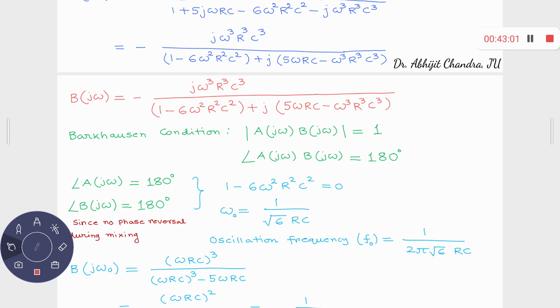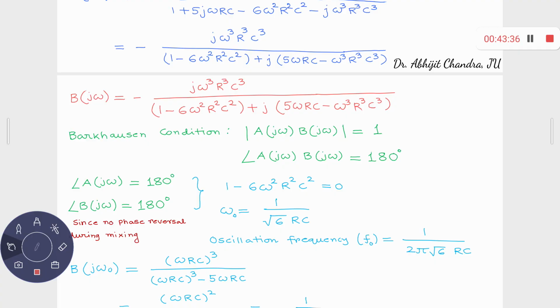So for a given R and given C, is this ω naught constant? Is it a fixed value, or a range of values? Fixed value. So if R is given, say 1 kilo ohms, and C is given, say 1 microfarad, then your ω naught is also constant. And ω naught is known as the oscillation frequency, the angular oscillation frequency.